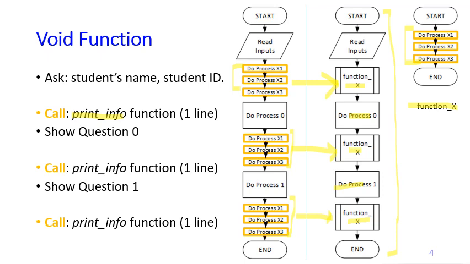And in a separate place you say that the print info function does these 3 processes. Okay, so that is how we separate some parts of our code into a block, and we call that block a function.